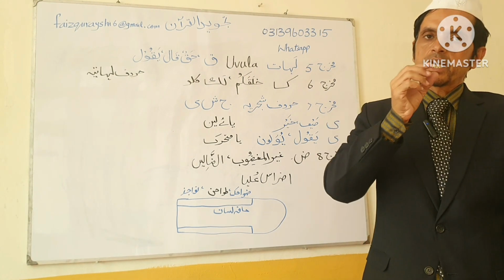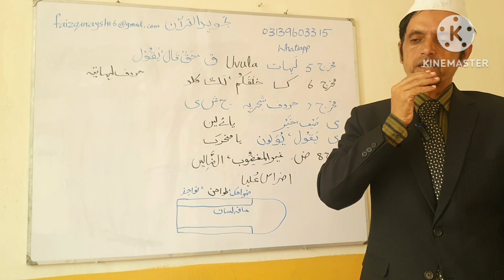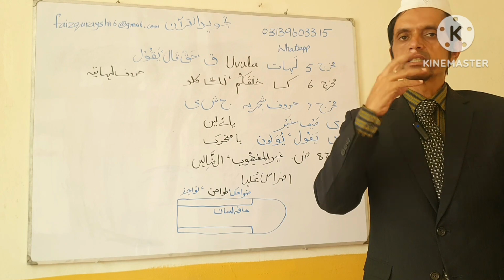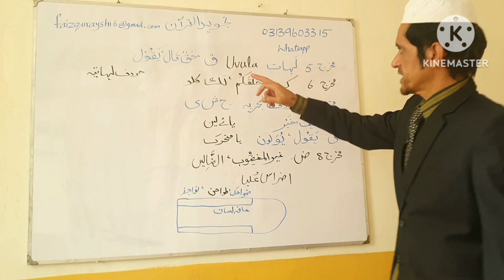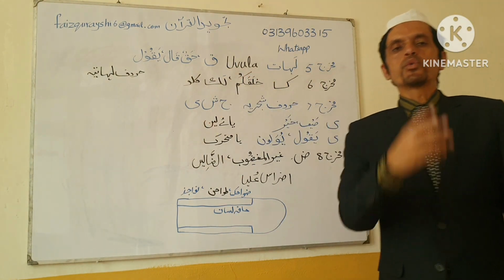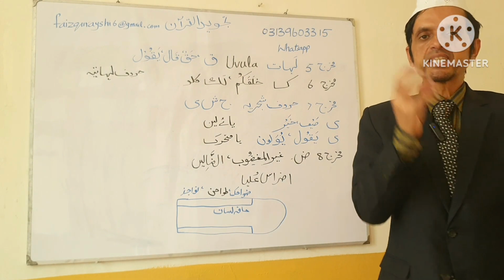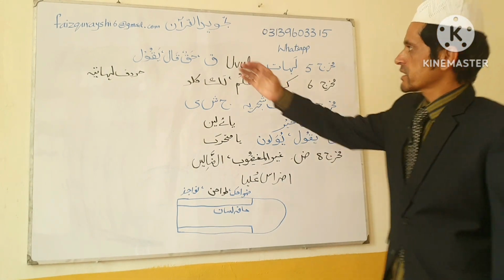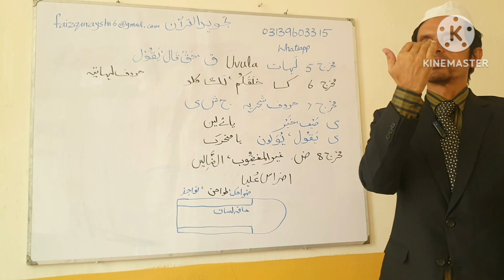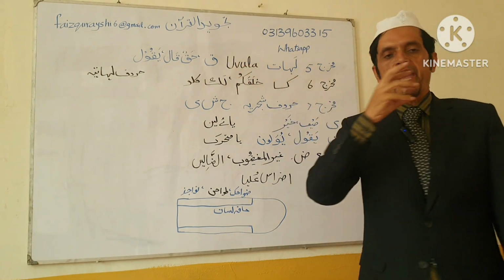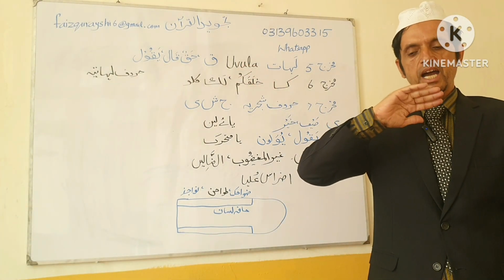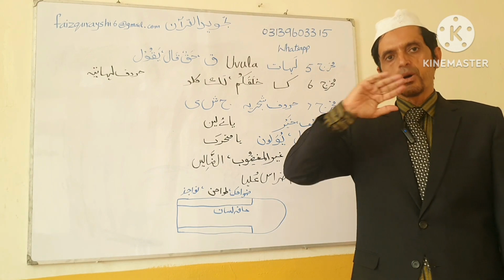And then another Makhraj, number 6, we have Kaf. When we come a little bit toward the mouth, near to that Makhraj, we articulate Kaf. They are near to each other, but Qaf is toward the uvula, and Kaf is a little bit toward the mouth.